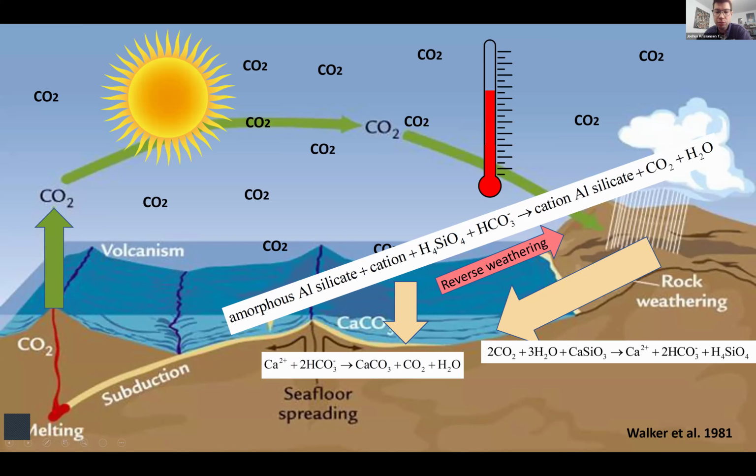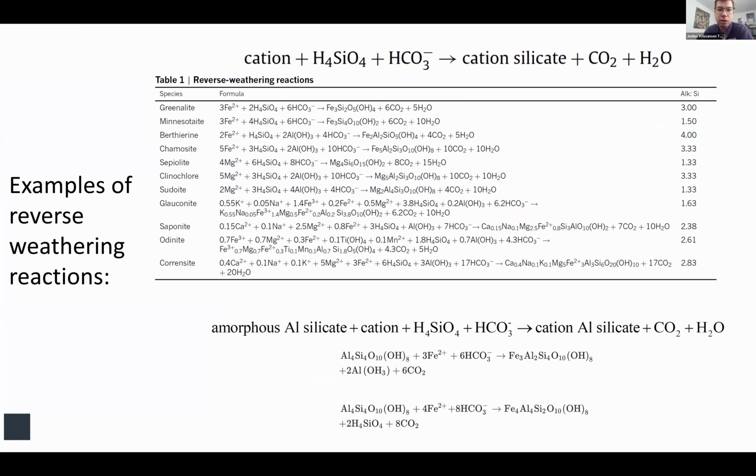There are different kinds of reverse weathering reactions we can imagine. Some, in principle, can happen straight from dissolved constituents. We have a cation in solution, dissolved silica, bicarbonate, and you make a cation silicate, and you turn that bicarbonate back into CO2. But you can also do it with the existing cation-poor minerals, like kaolinite. Crucially, in all of these reactions, you're removing alkalinity and turning bicarbonate back into CO2.